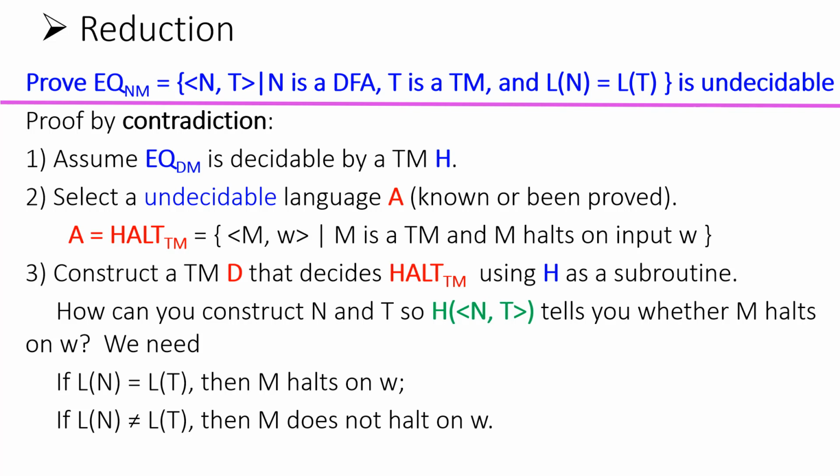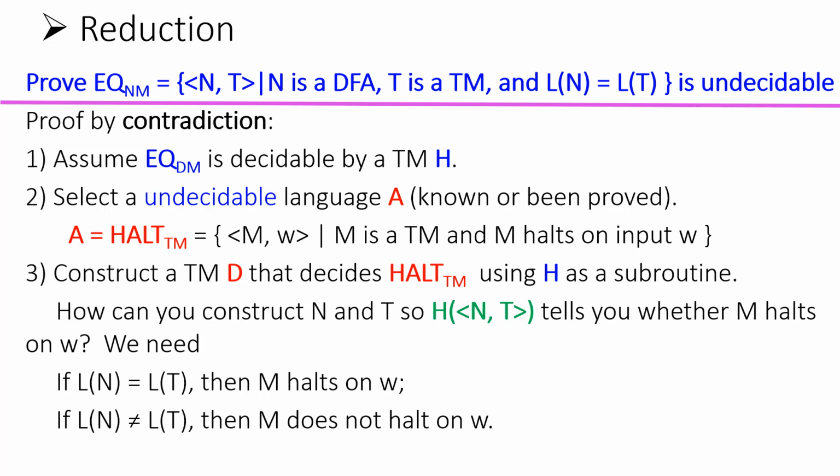In the proof, we first assume EQNT is decidable by a Turing machine H. In the next step, we should select a known undecidable language, and we pick HALT_TM. In HALT_TM, it checks whether a Turing machine halts on its input. This language is proved to be undecidable in the textbook, page 217.